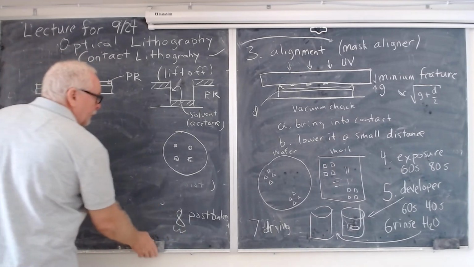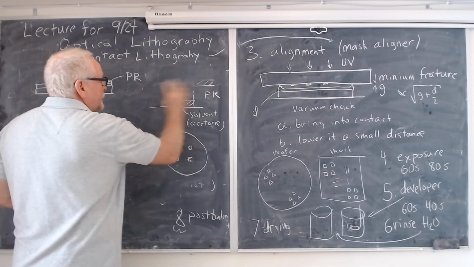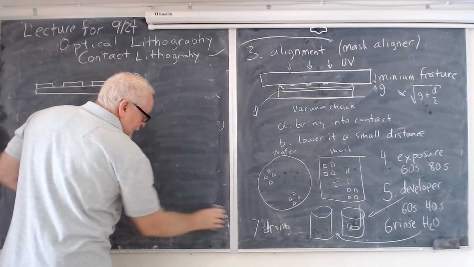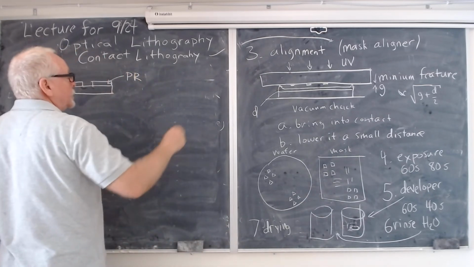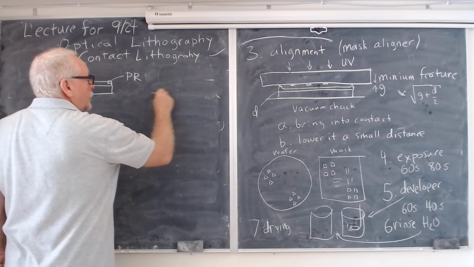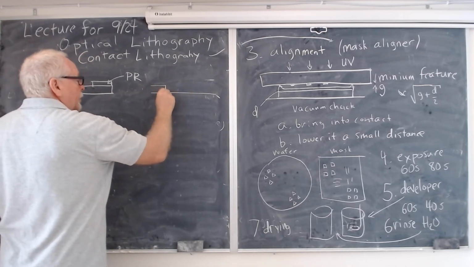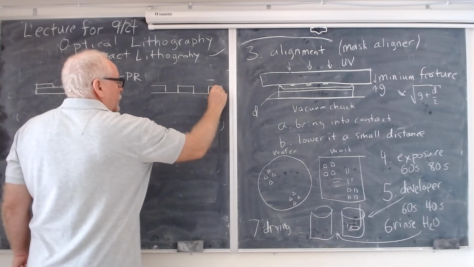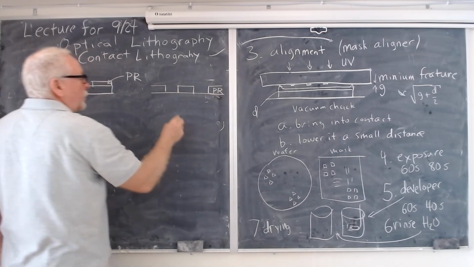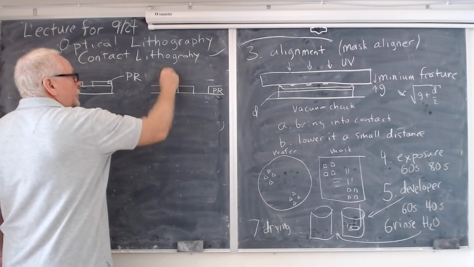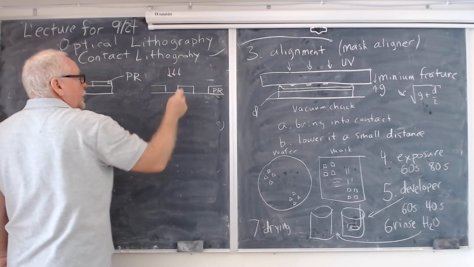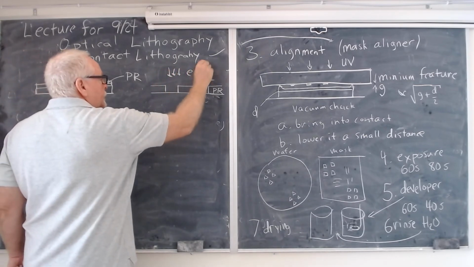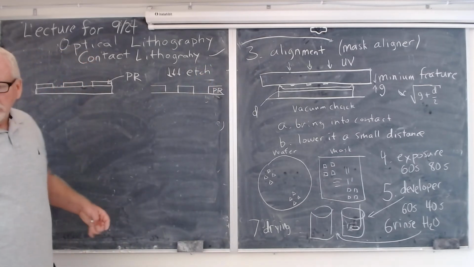But if you're, for example, doing an etching process, which is the next subject in our class, okay, here's my photoresist again. Now what I want to do is etch. I'm drawing etching schematically there.